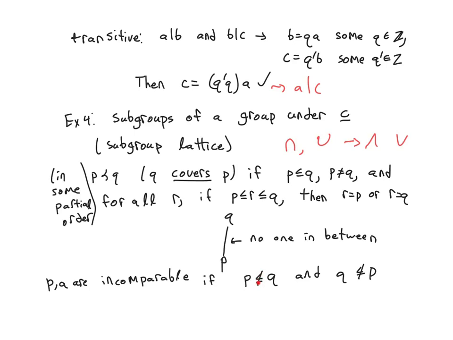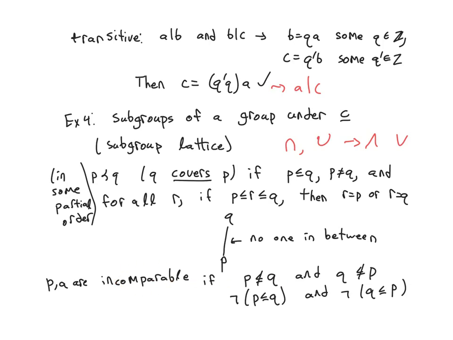We mean it is not the case. So as a logic statement, it is not the case that P is less than or equal to Q, and it's not the case that Q is less than or equal to P. And so we already saw in the subset poset that there do in fact exist incomparable pairs.